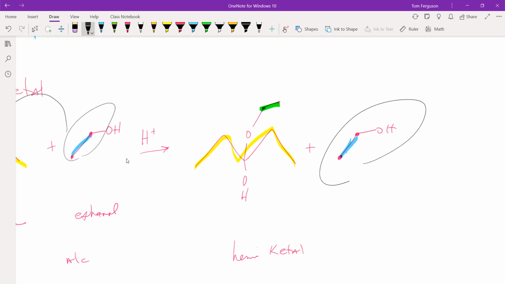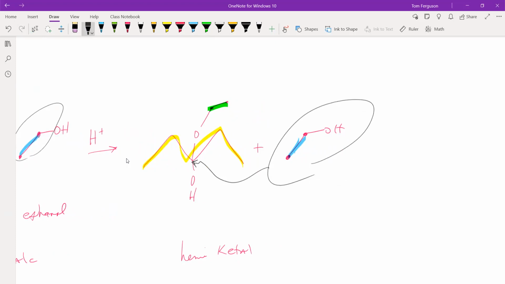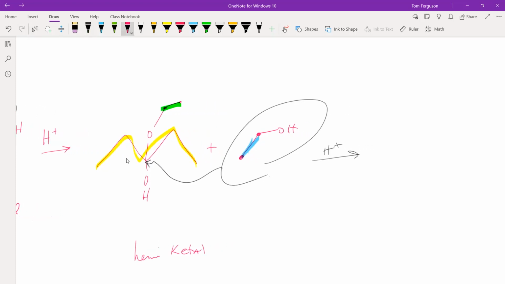So that alcohol again is going to attack the anomeric carbon, not attack it, but add to it. We're going to end up with our backbone.